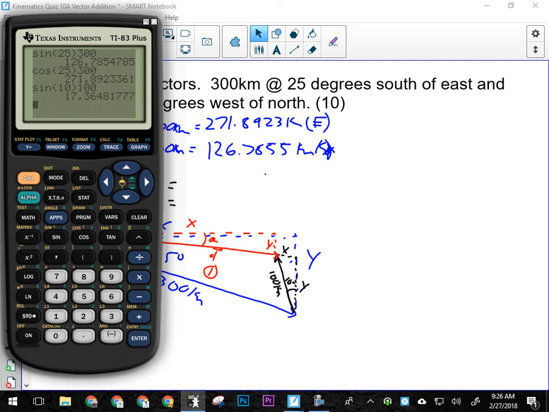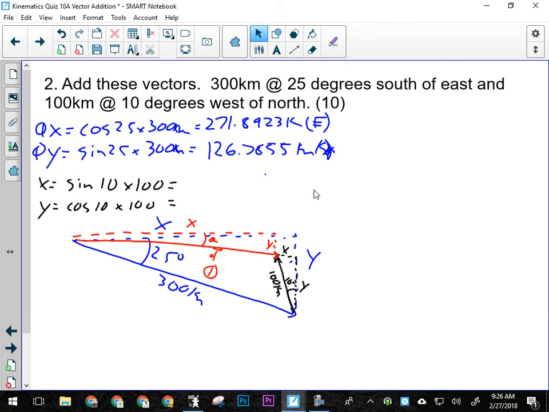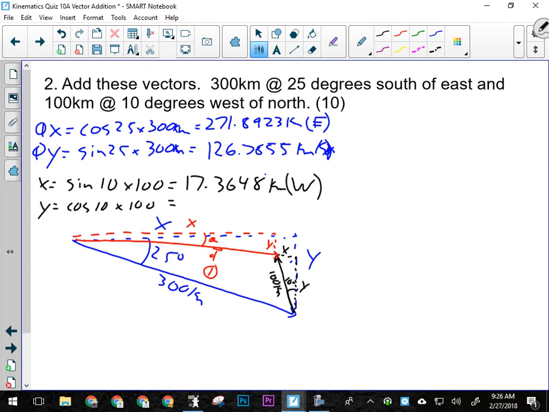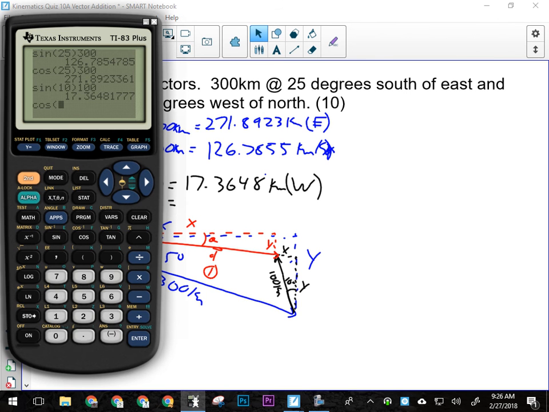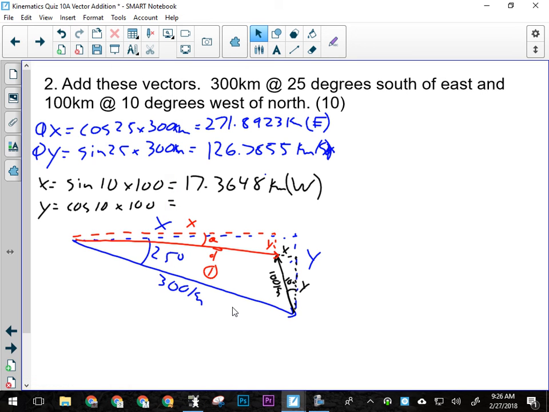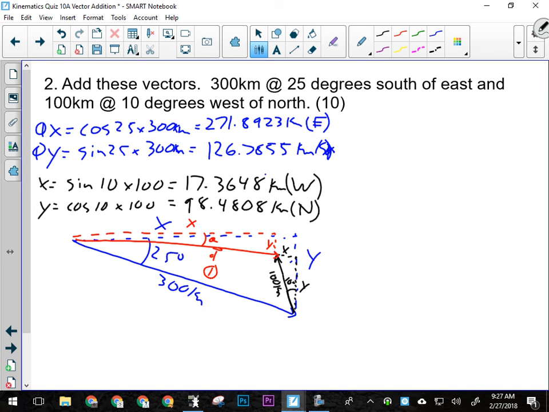Okay, so 17.3648 kilometers west. And this one's 98.4808 kilometers north. All right, 1 mark for each of those.